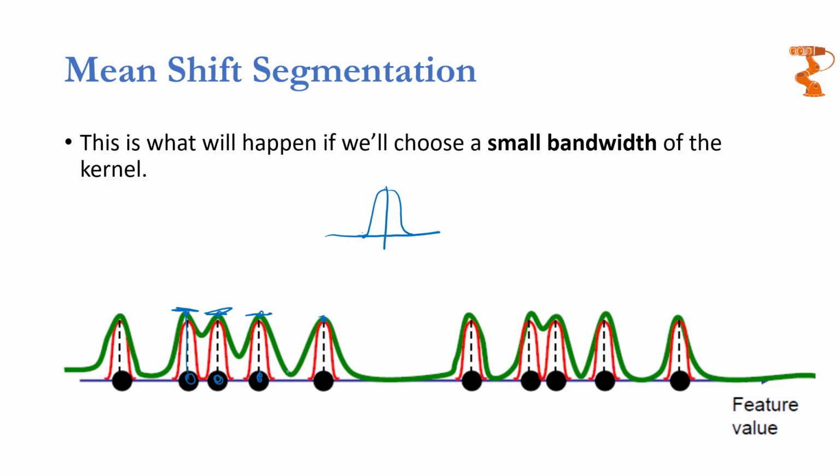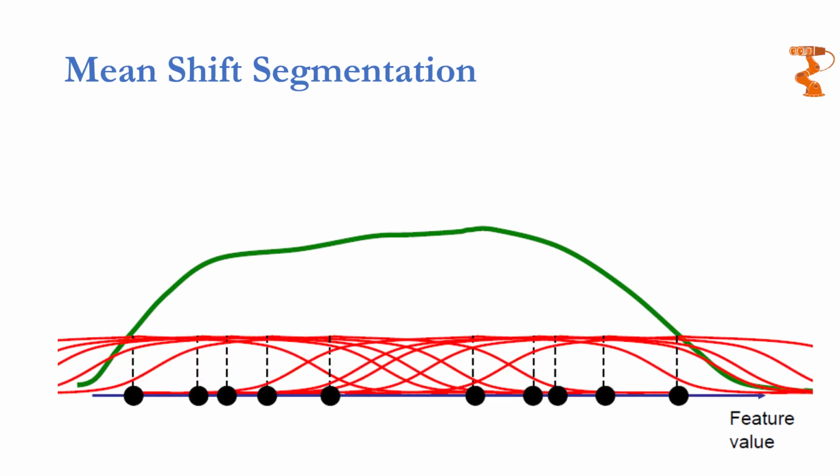So using a small bandwidth will create a large number of modes, which is quite undesirable. So you'll have to choose a somewhat larger standard deviation or bandwidth. But what if we choose a large bandwidth? Then what is going to happen? This is what is going to happen.